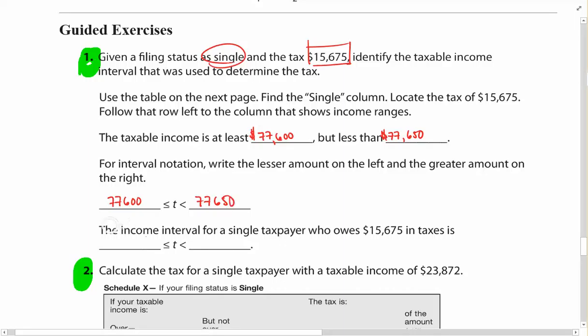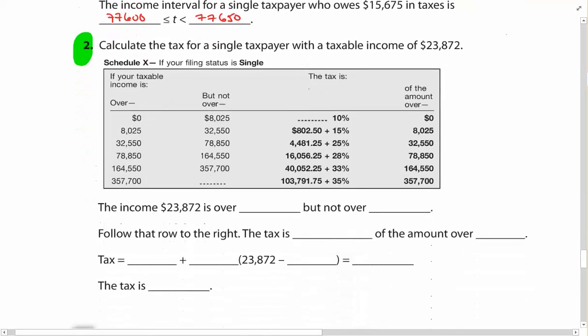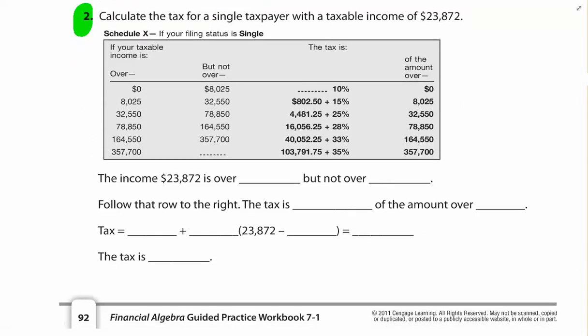Therefore, the income interval for a single taxpayer who owes $15,675 in taxes is $77,600 less than or equal to T less than $77,650. So a lot of repetition in that problem.